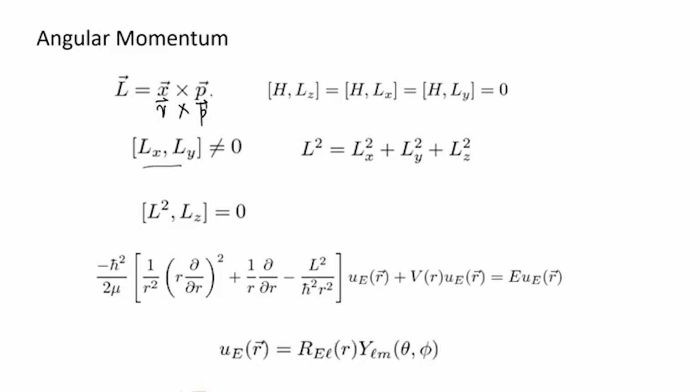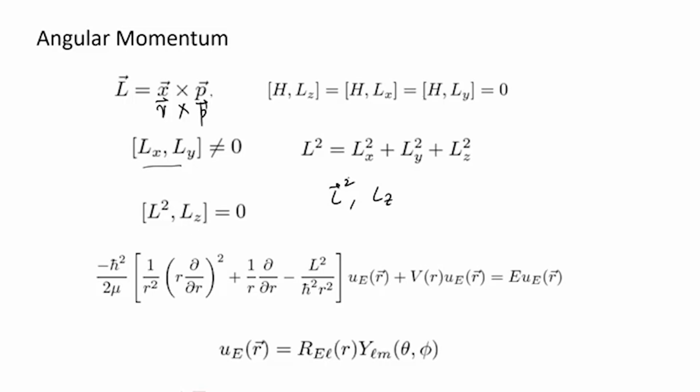So rather we choose L squared. The Hamiltonian for the hydrogen atom commutes with the angular momentum squared, and it also commutes with Lz, and L squared commutes with Lz. Of course, L squared commutes with Lx as well, but that is not so important.